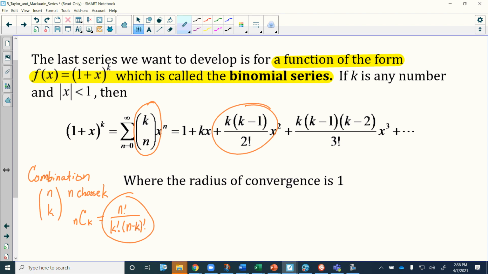And so I'm just giving you this here for reference, because if you've taken pre-cal or college algebra, or if you've seen this in another course, that's what it is referring to: a combination, where we read it as n choose k.